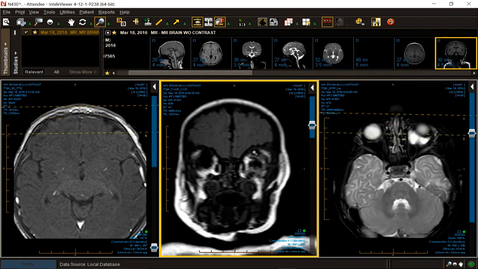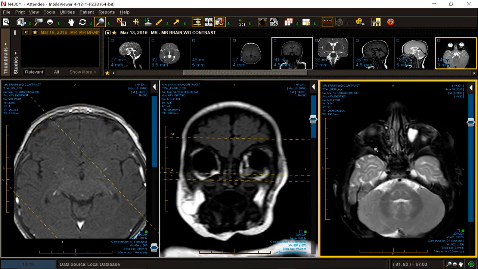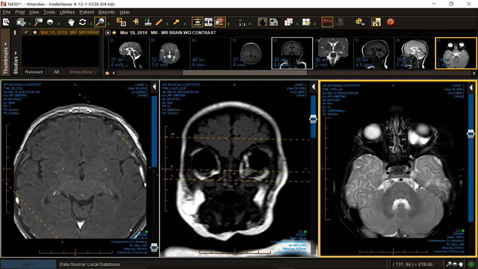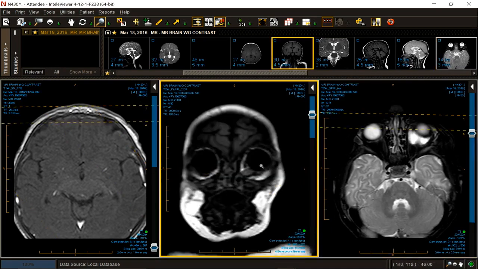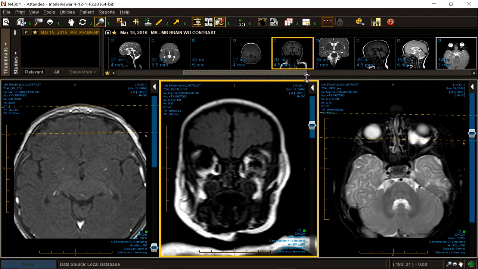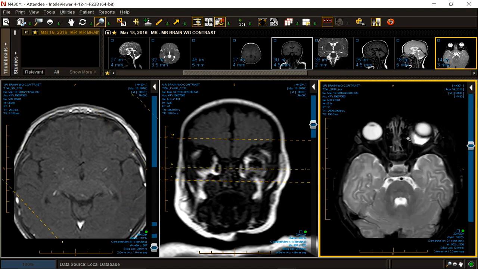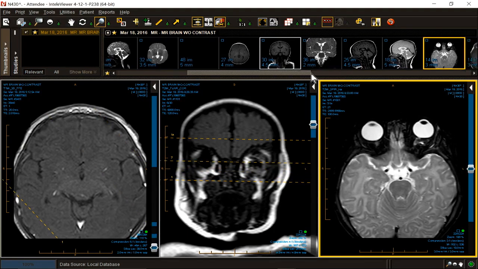So it's not arising from the nerve. It's not arising from the globe. It's mostly intraconal. It's well marginated. It has fluid-like signal, but it is not simple fluid. It's not tubular, but that doesn't mean it's not vascular.